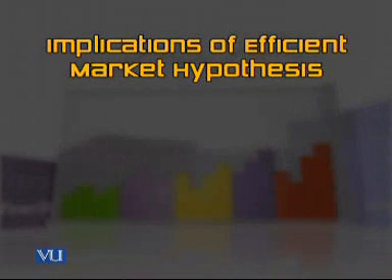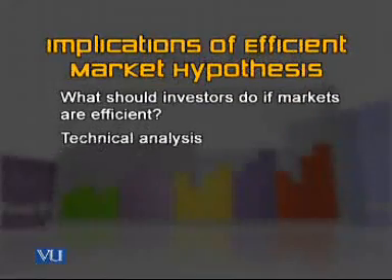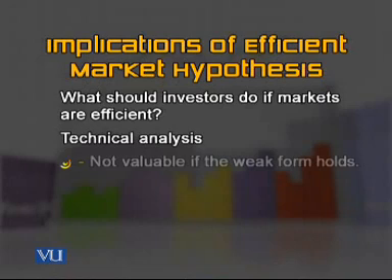While we're talking about the implications of the efficient market hypothesis, what should investors do if markets are efficient? What extra advantage can they have if the markets are efficient, since they're not going to have any excitable information or excitable return? If you look at the technical analysis aspect of analyzing the stock market, we find that it is not valuable if the weak form holds.